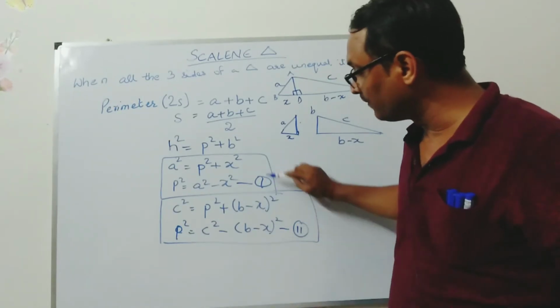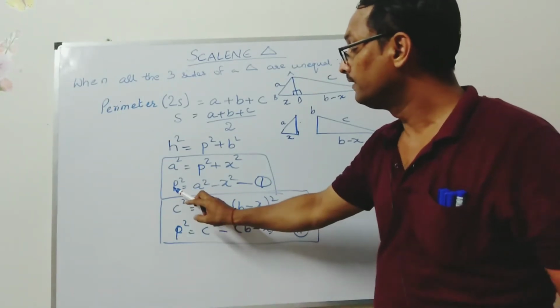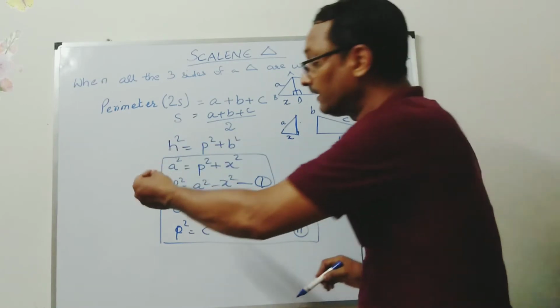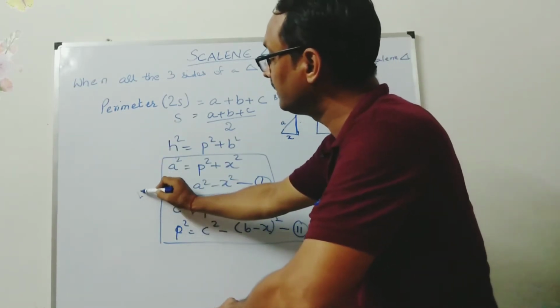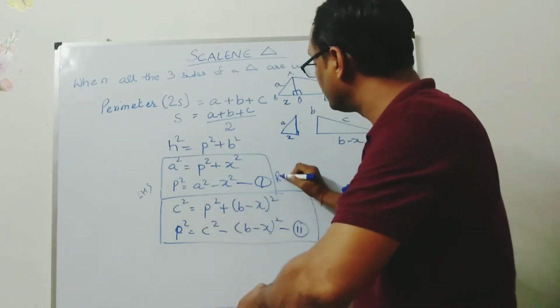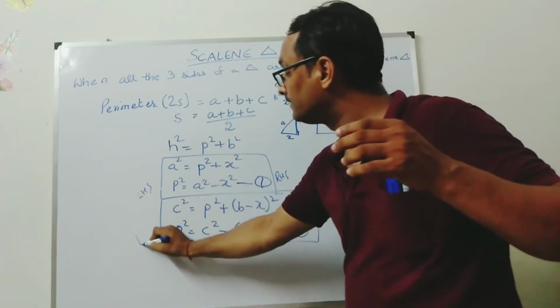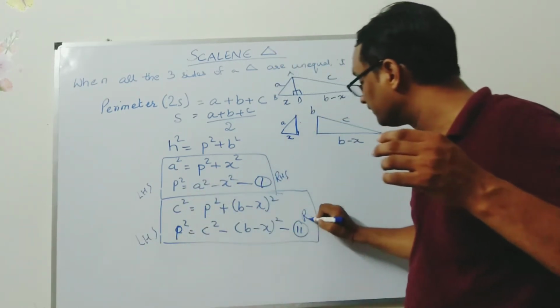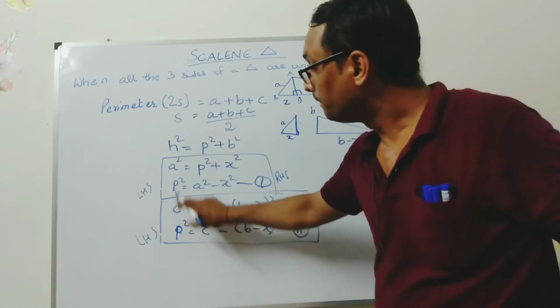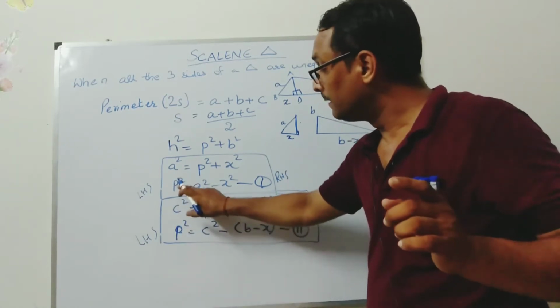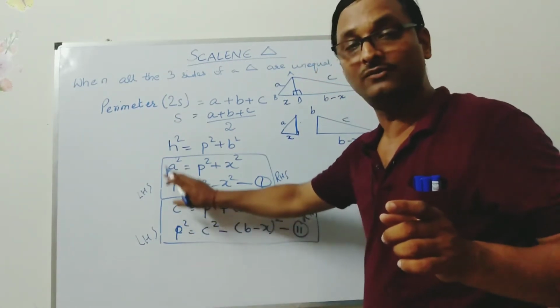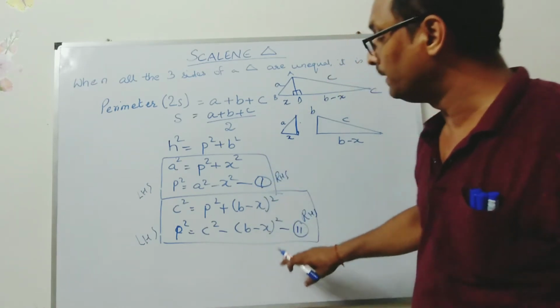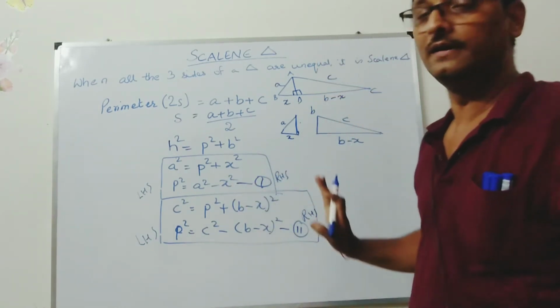In these two equations, if you find out, this is the LHS, this is your left hand side, and this is your RHS. See, in both of them your left hand side is matching, P square and P square. So we will assume that the right hand side is also matching.